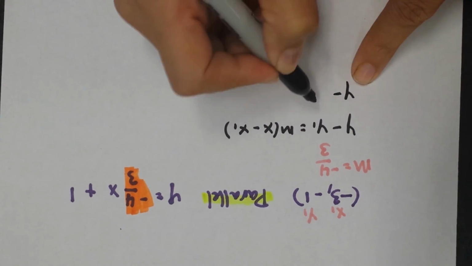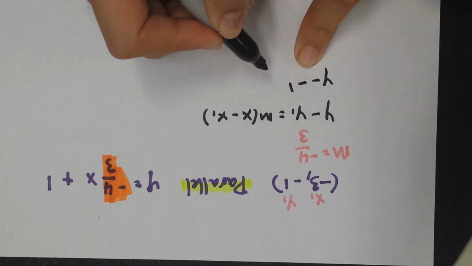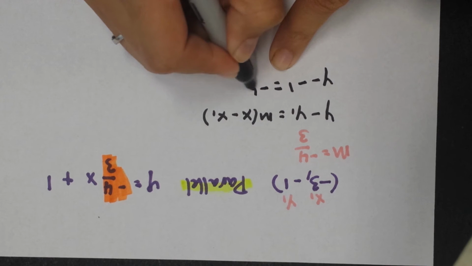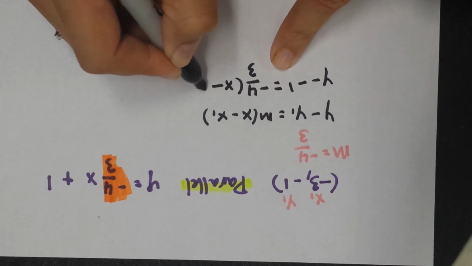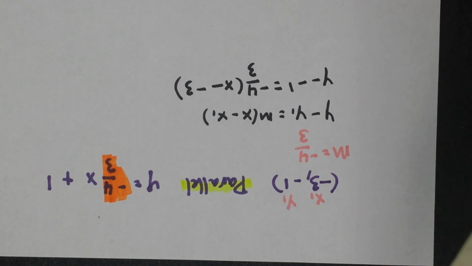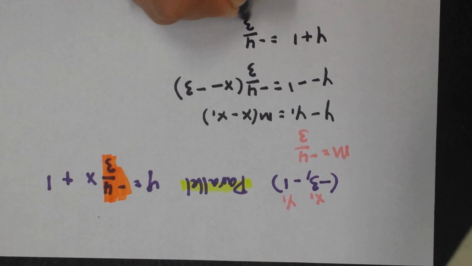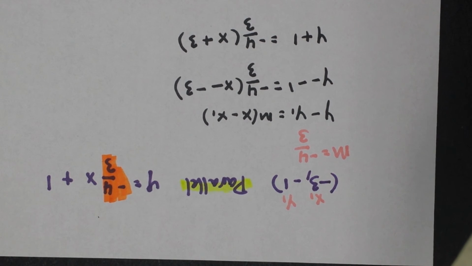So y minus, what's y1? Negative 1 equals m, negative 4 over 3, x minus x1, negative 3. Okay, go ahead and simplify. y plus 1 equals negative 4 over 3, x plus 3. Okay, what do you do next?